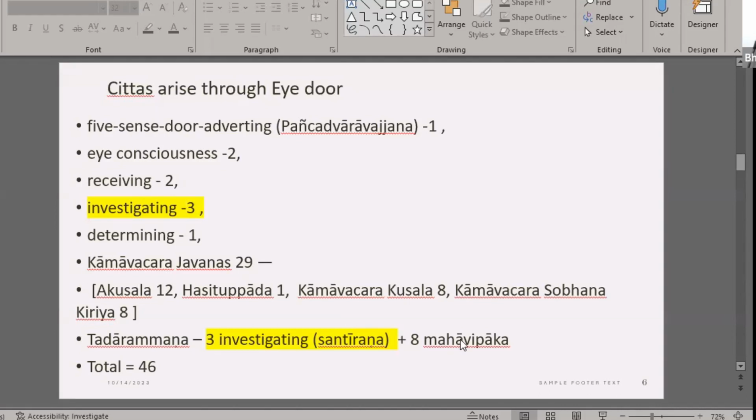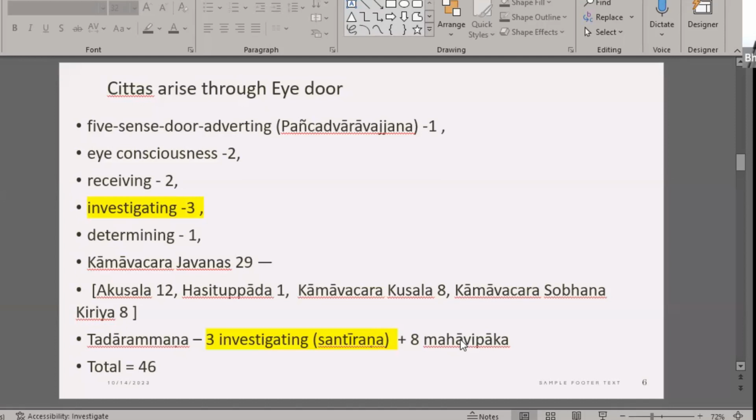How many wholesome consciousness? In Kamavacara Kusala, Mahakusala, 8. Either upekkha or somanassa, nana sampayutta, nana vippayutta, asankharika, sasankharika.